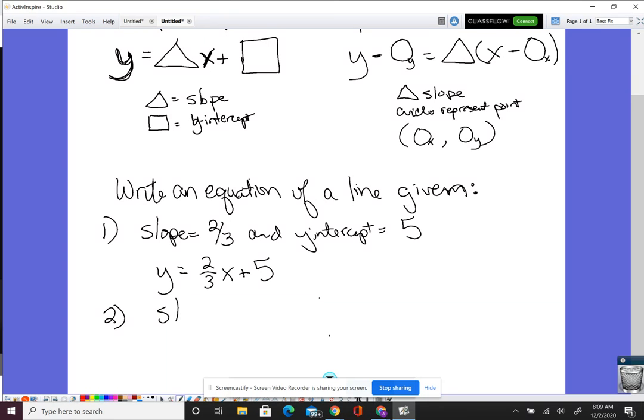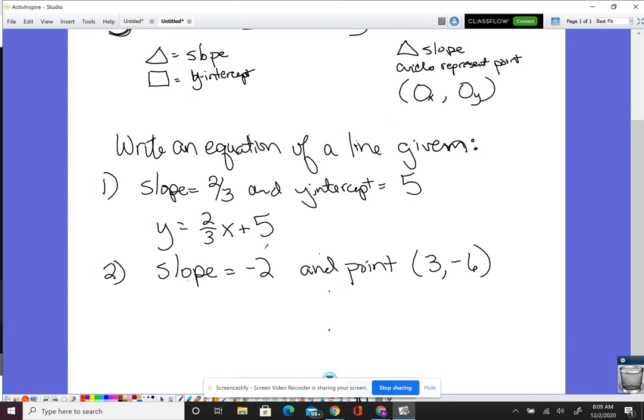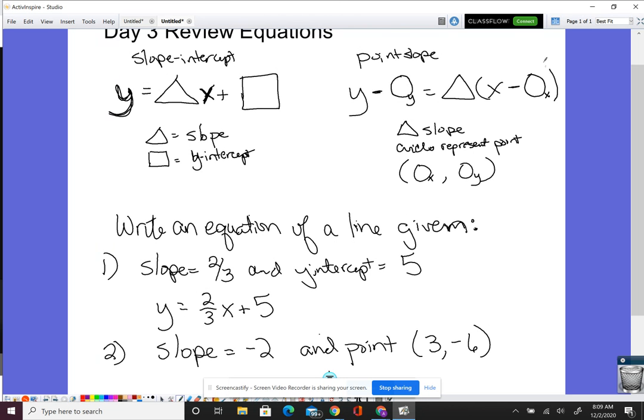They may give you a slope of -2 and a point of 3, -6. In this case, we're given a slope and a point. So we're going to use that slope point formula, this one up here.